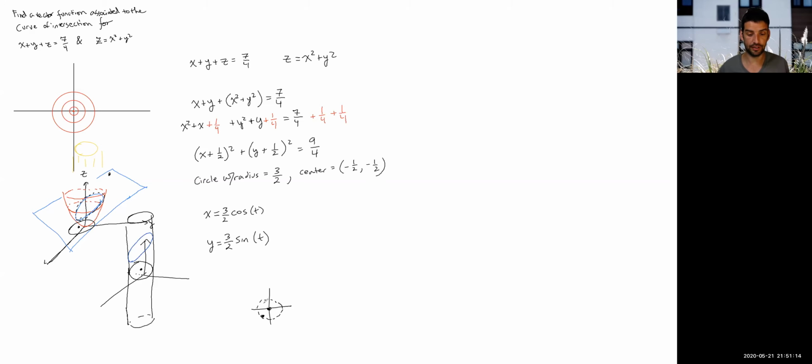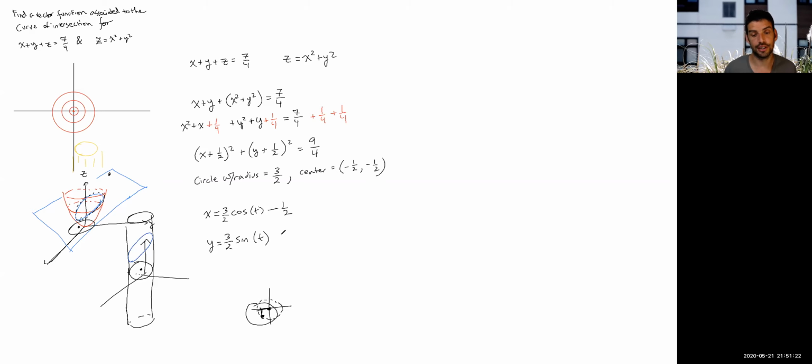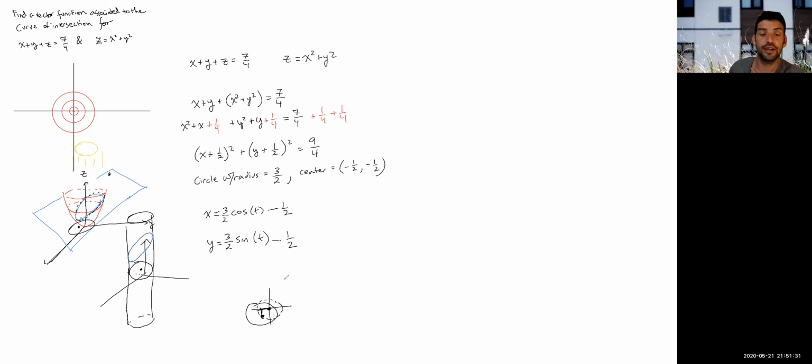I need to move every point that far down, right? I need to move every point a half a unit to the left and a half a unit down. Well, that's really easy to do. I just subtract 1/2 from both of these, and I've moved that whole circle a half unit over, which means the center is now at half a unit to the left and half a unit down. And so this gives me my parameterization for x and y.